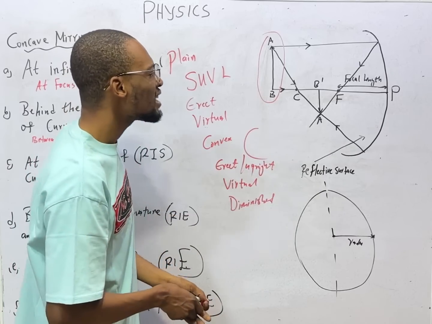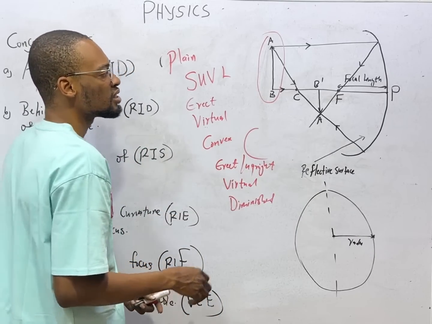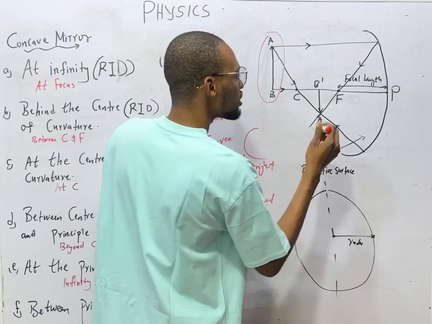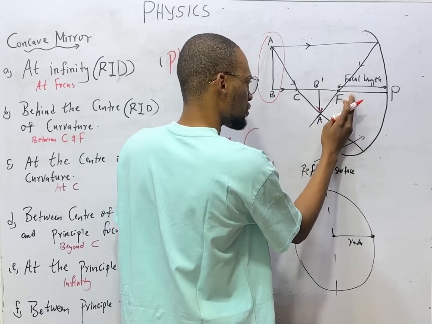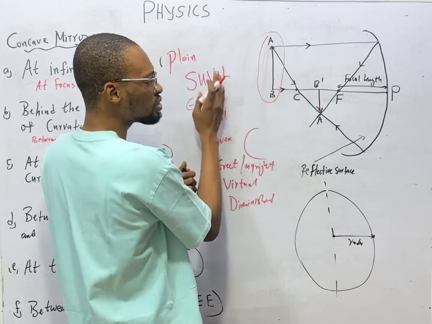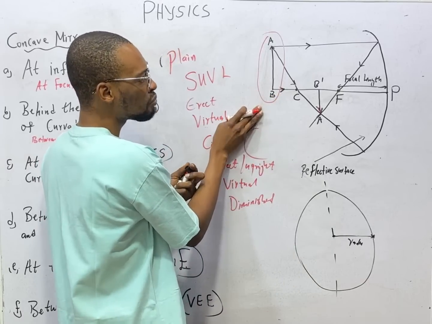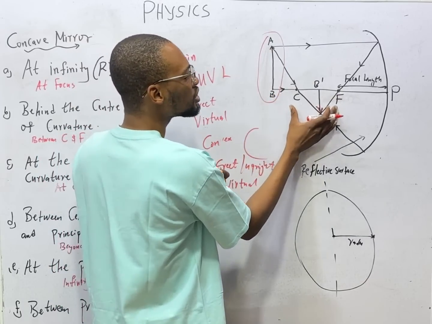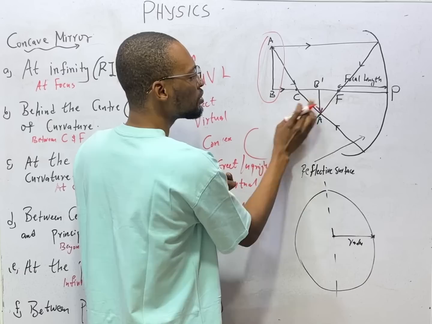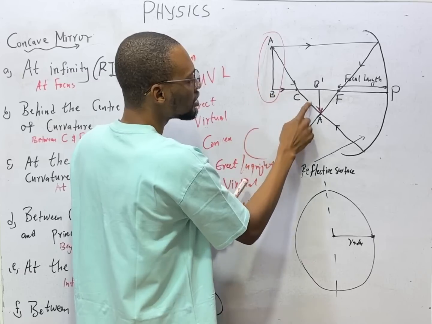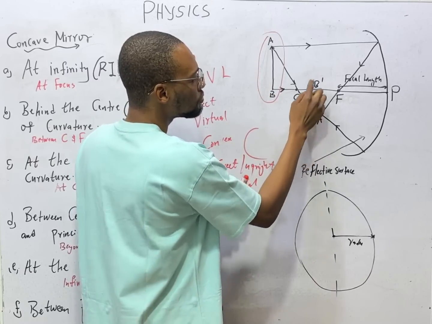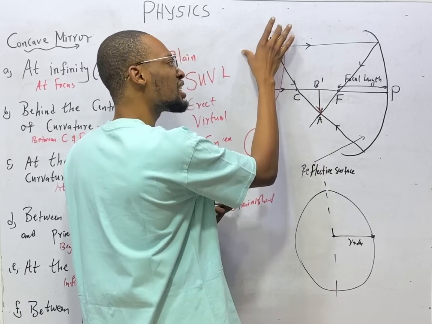Now, where is the image formed? The image is formed here, between the center of curvature and the focus. The object is beyond the center of curvature, but look at where the image is being formed. It is formed between the center of curvature and the focus. And look at the image. The original is AB.